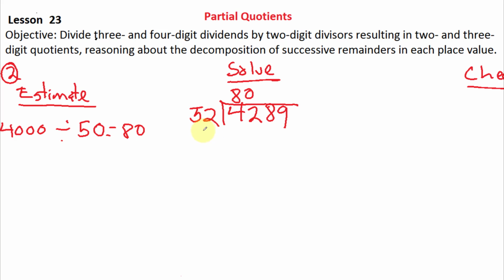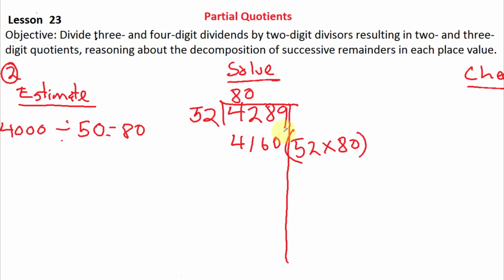I then take my divisor, 52, and multiply it by 80, because that's how much of the dividend I have already divided. 80 times 2 is 160. 80 times 50 is 4,000. So I have used 4,160 so far.